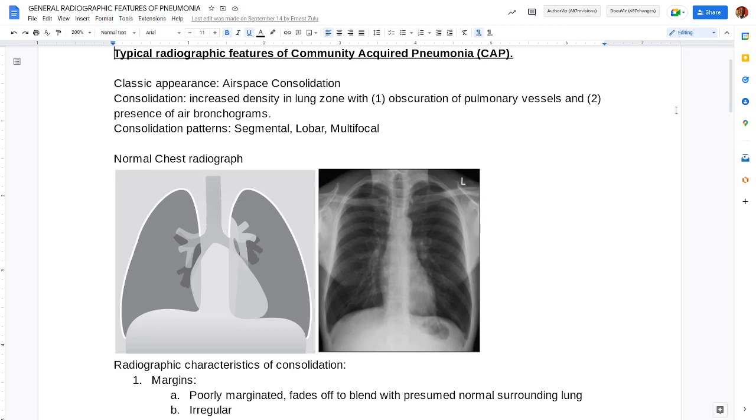So this one is actually based on community acquired pneumonia, the classic features of community acquired pneumonia, which is the most common, as opposed to hospital acquired. So the main pathology behind the pneumonia is that there's an infection.